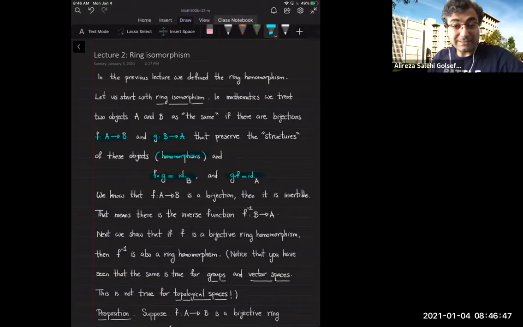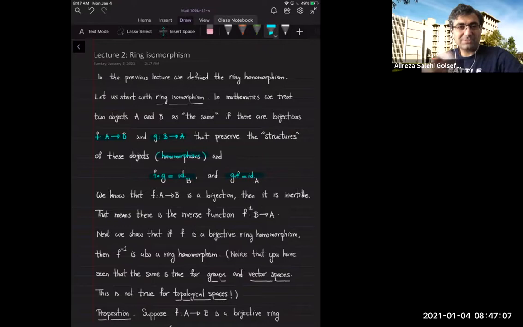In vector spaces, it's the same: if there is a bijective linear map, then the inverse map is also a linear map. We start by showing the same property for rings.